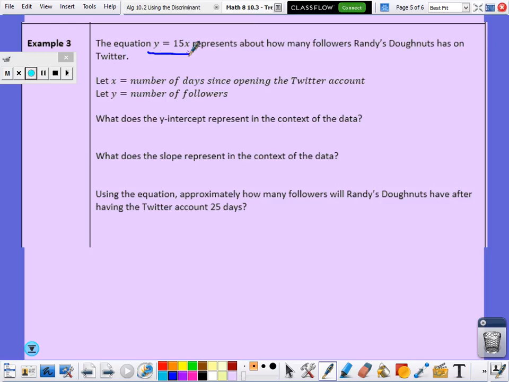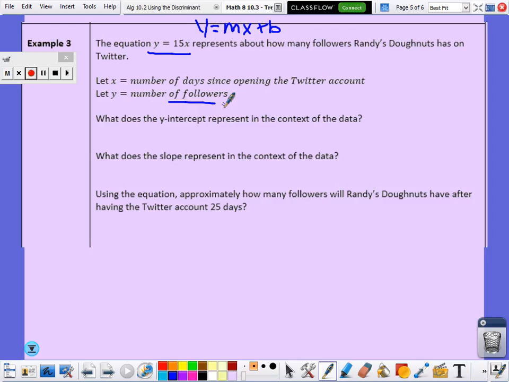Y equals 15x. Well, if we're looking at the equation of a line, which is y equals mx plus b, m is your slope, b is your y-intercept. Is there a b? We could add one. We could add plus 0. So if that's where we start, what that means is it's going to be the number of followers, which is y, on day 1.